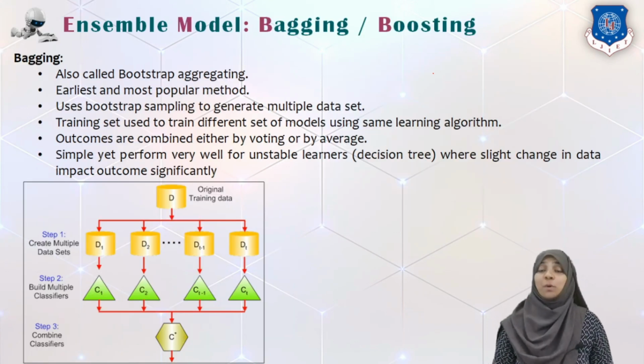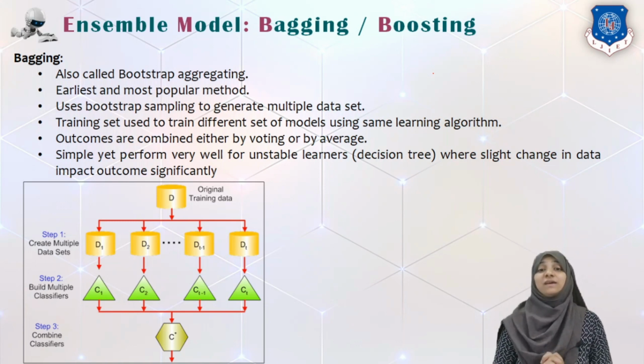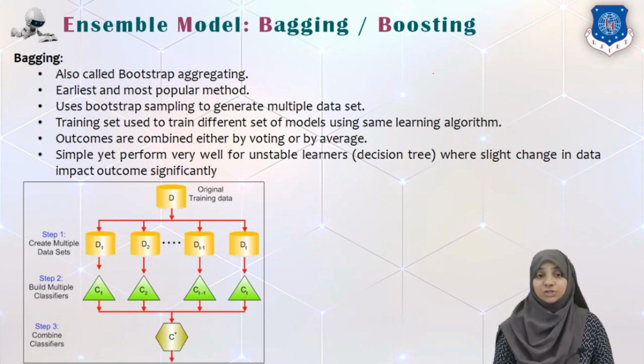Now there are 2 popular ensemble models. The first ensemble model is called bagging. Bagging is also called the bootstrap aggregating approach. It is the most popular and the earliest method that came into existence for ensembles.